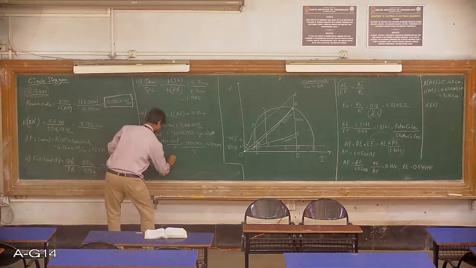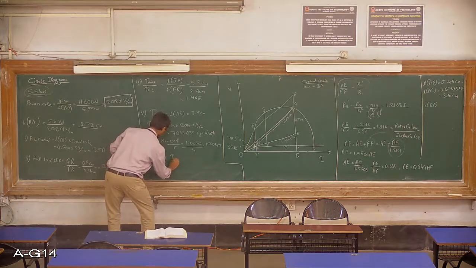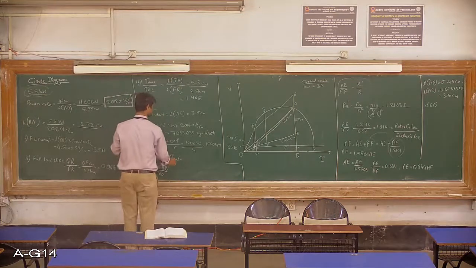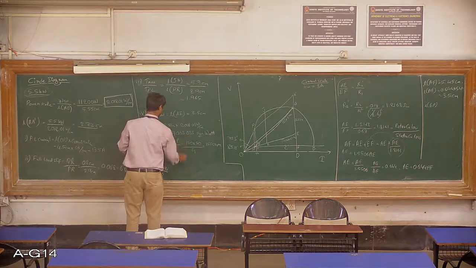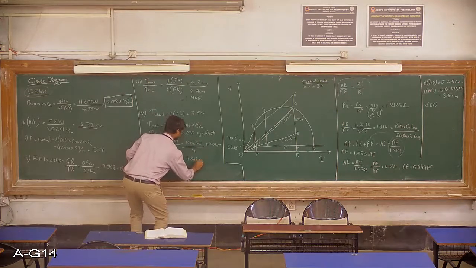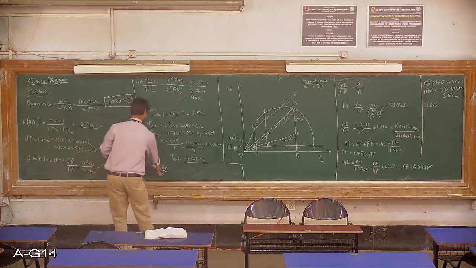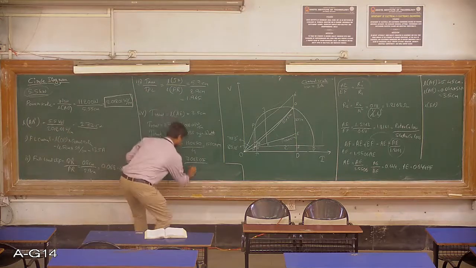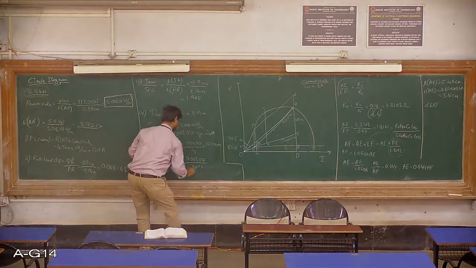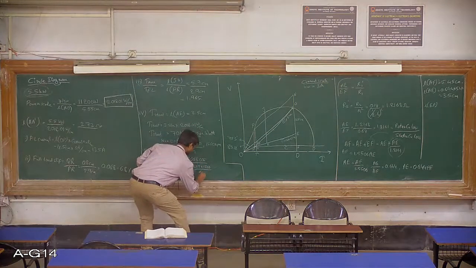Okay. Now if I calculate the starting torque, T start, in terms of Newton meter, it is synchronous watts, that is 7063.035, whole divided by 2 pi Ns by 60, where Ns is 1500, divided by 60.